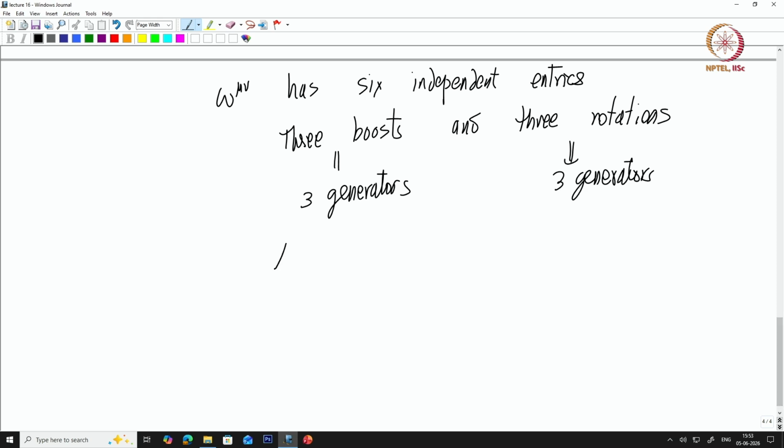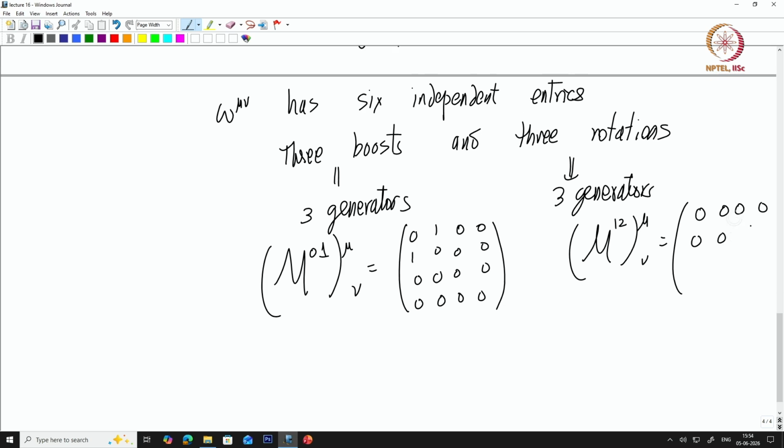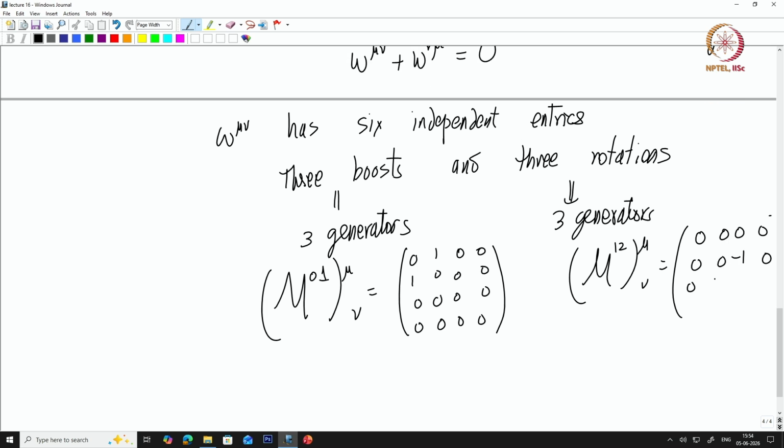So M01 will be your boost, a matrix with elements like 0, 1, 1, 0, and zeros elsewhere, whereas rotations would be something like M12, with elements 0, minus 1, 1, 0, and zeros elsewhere.